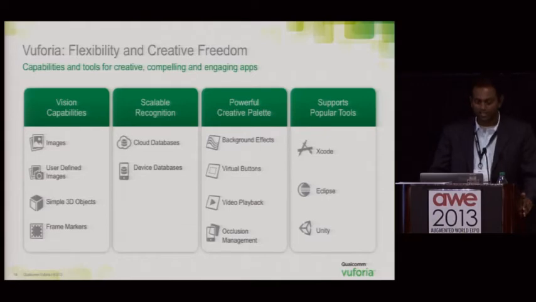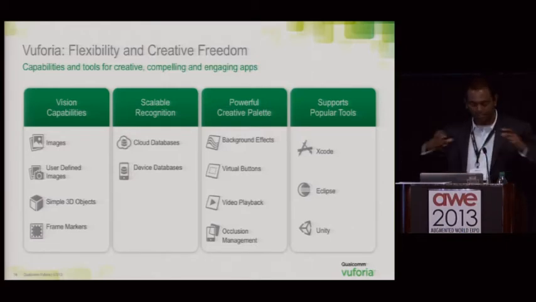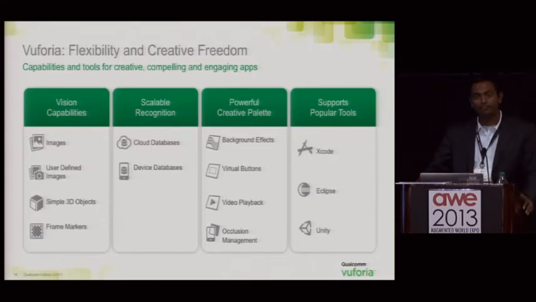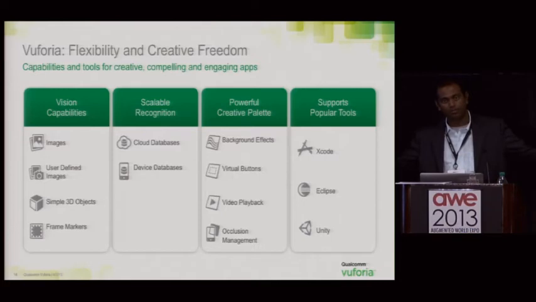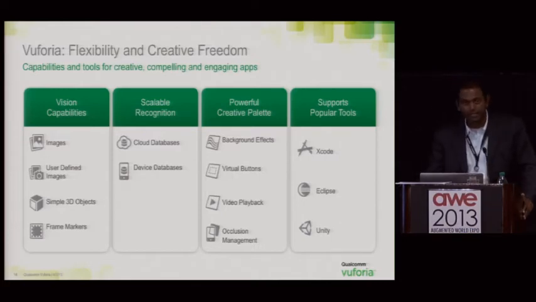But what it's also used for in some cases, the feature is called multi-targets, and some developers use it when they have very, very large targets. What they do there is they flatten the entire thing. They call it a multi-target, because we know the spatial relationship from one target to another, and that allows you to augment very large content and then zoom in and really get up close to one part of a bigger target.